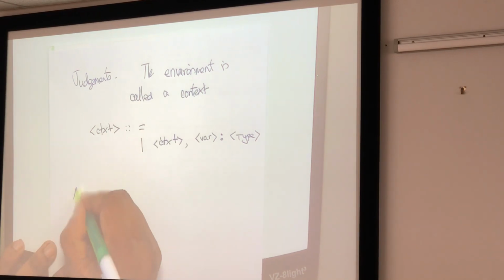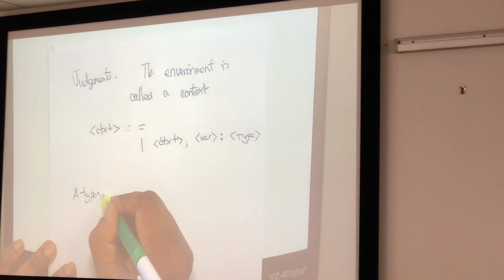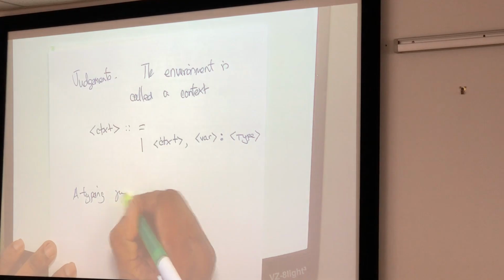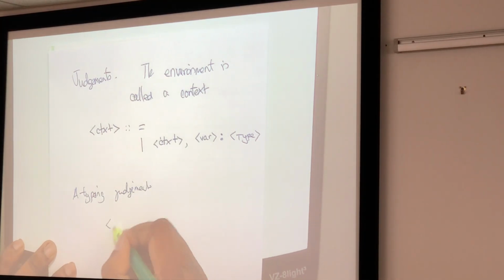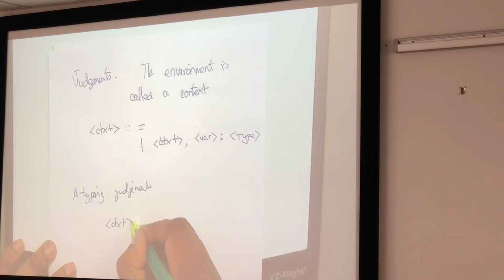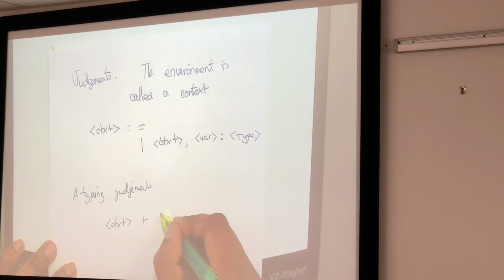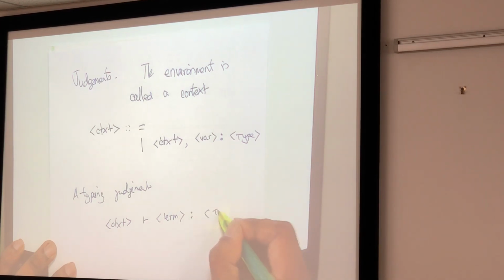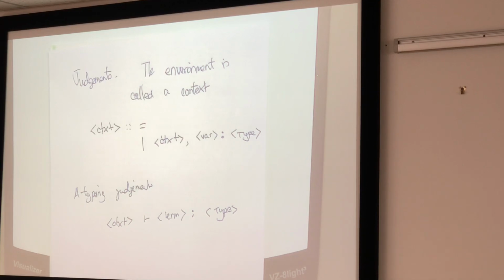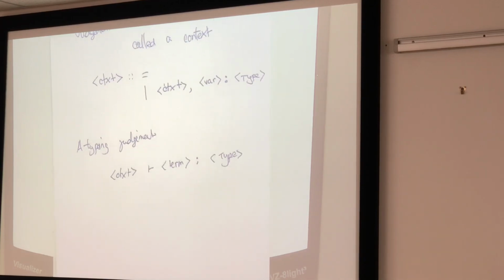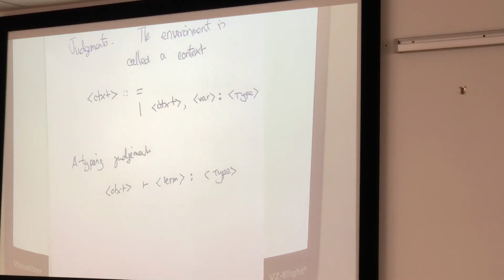And then a typing judgment looks like this. So it's context, so these are like the environments we had before.